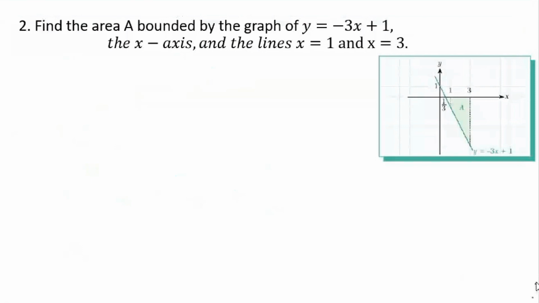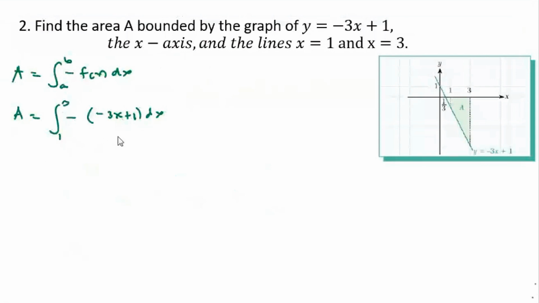Since it is below the x-axis, the formula that we're going to use is A equals the integral of the negative of f of x dx evaluated from a to b. By substitution, we have the integral of the negative of negative 3x plus 1 dx, where the value of a is 1 and the value of b is 3.